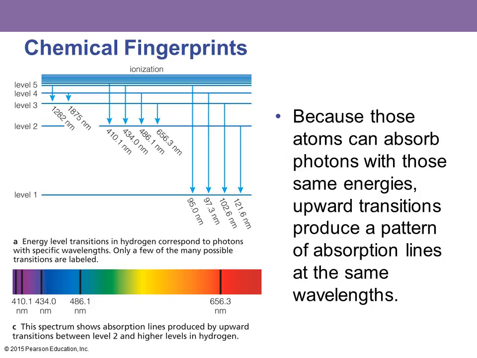Because the atoms can absorb photons with the same energies, there might be an upward transition presenting a pattern of absorption lines at the same wavelengths. So again, if there's an absorption of hydrogen, what might be a continuous spectrum has these stripes, again at very specific places along the continuous spectrum, again identifying that it's hydrogen.